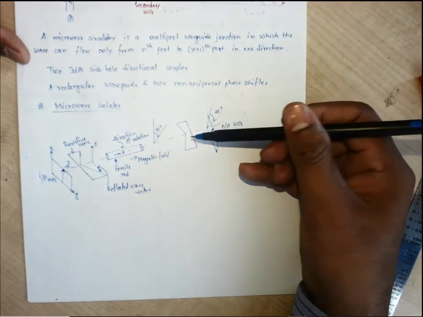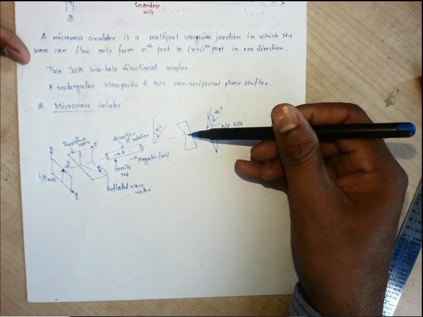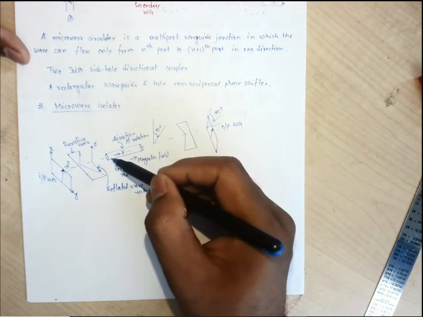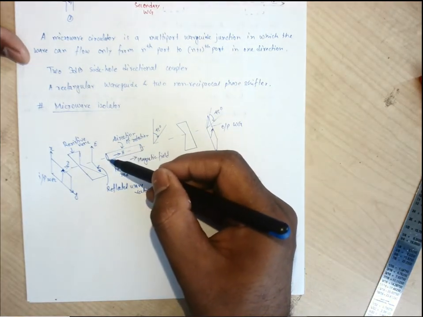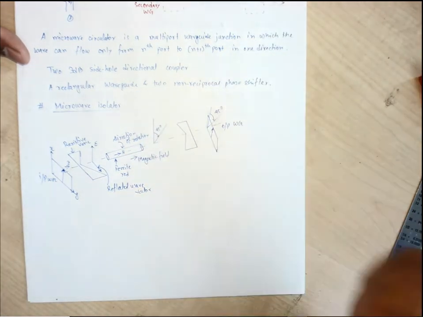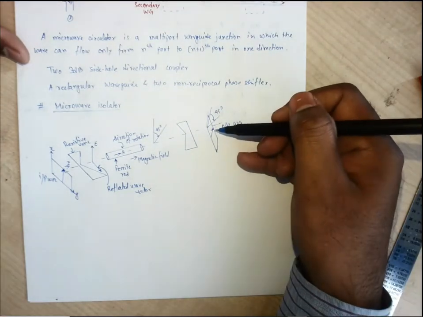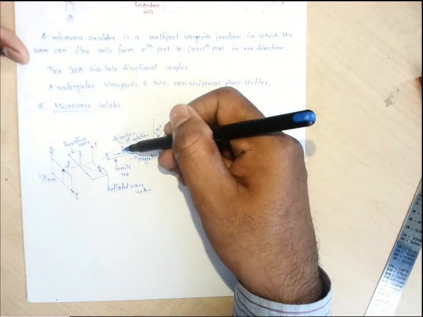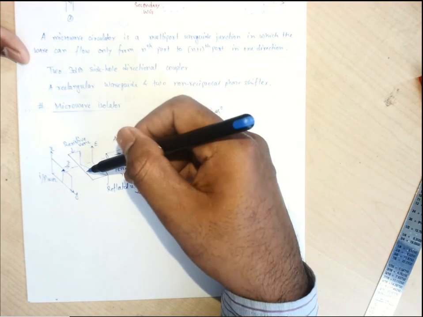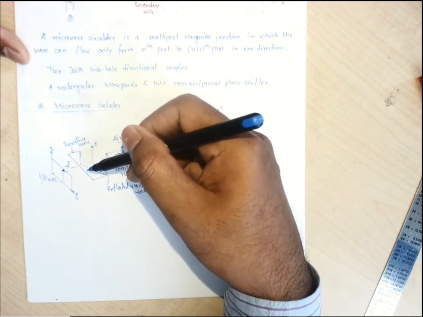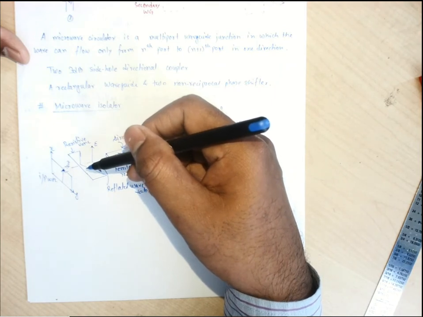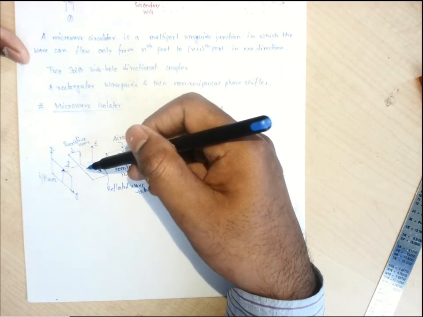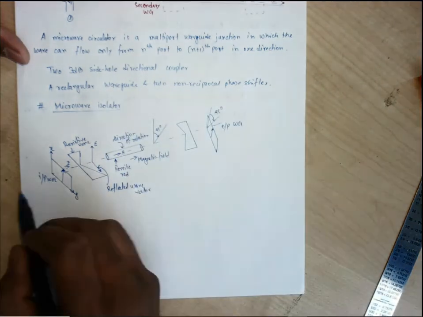Now it is normal to this resistive vane, so no absorption will occur. Again, while coming out of this ferrite rod, it will rotate by 45 degrees again. So first 45, here another 45, in total 90 degrees. So at this resistive vane, that will become parallel, so the resistive vane is going to absorb that signal. So nothing will be available at this left hand side.